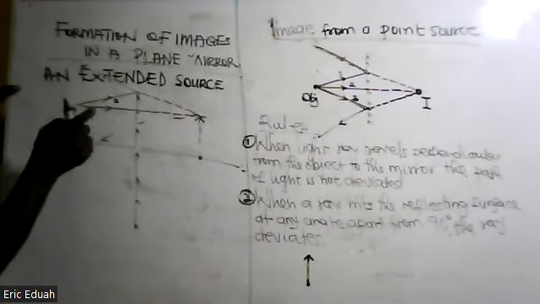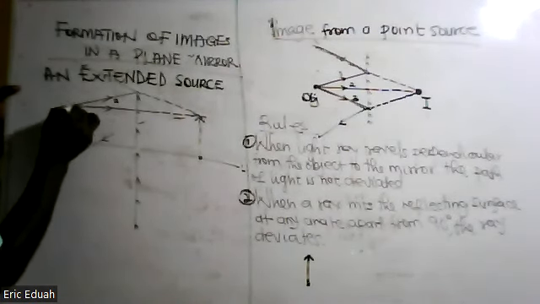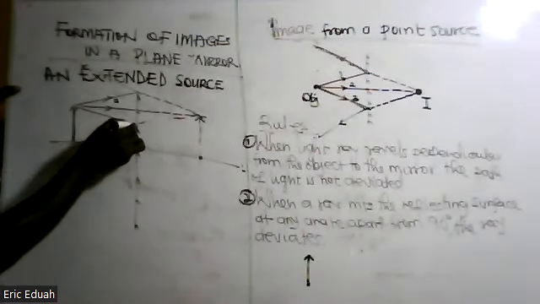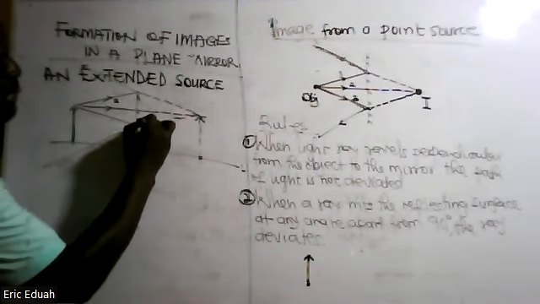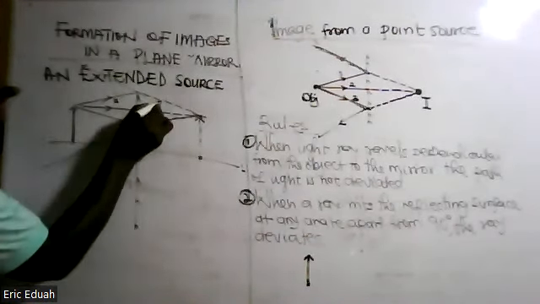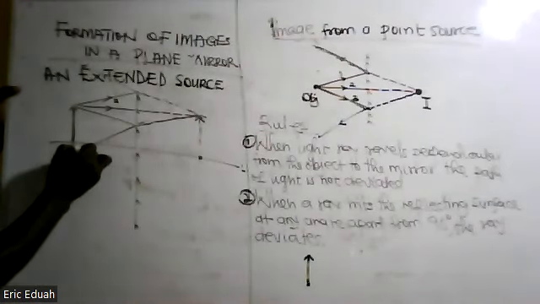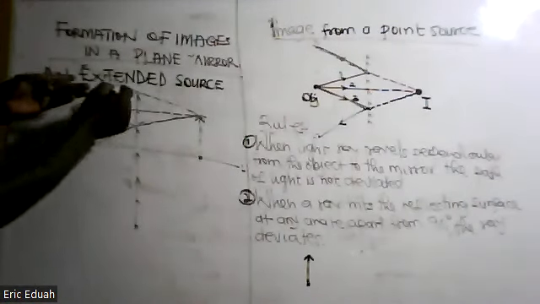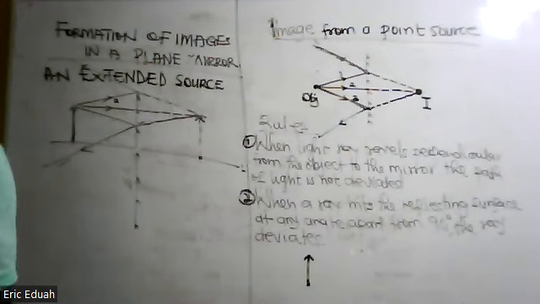That is why I advise that when you are doing this, you should use a straight edge, okay? So when I extend this, where it meets the other ray or the other 2 rays, you have the image. So you don't just use the measurement, but use the ray diagrams to explain how the image will be formed. Please, is that okay?